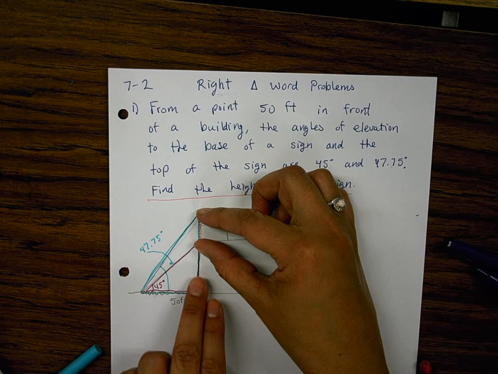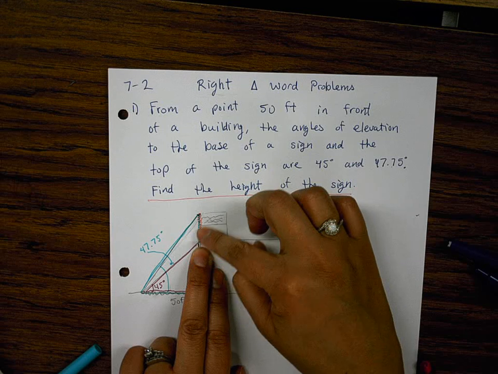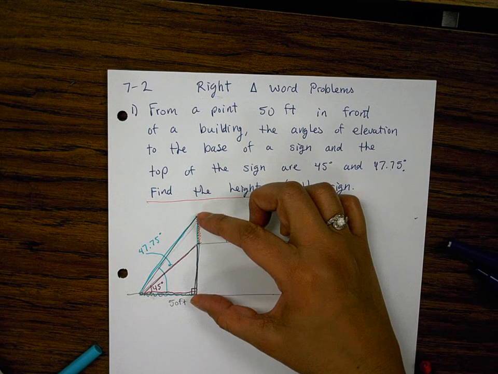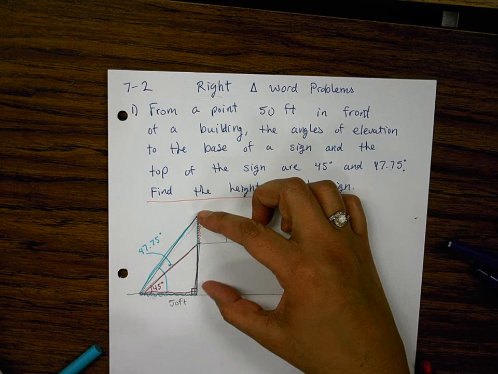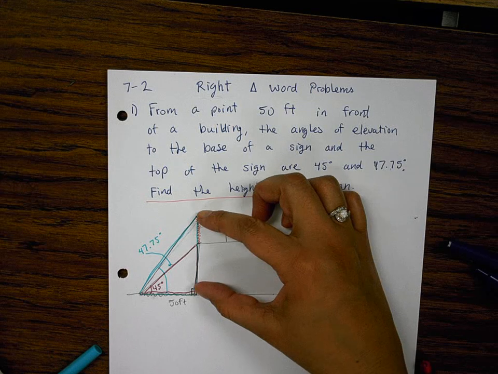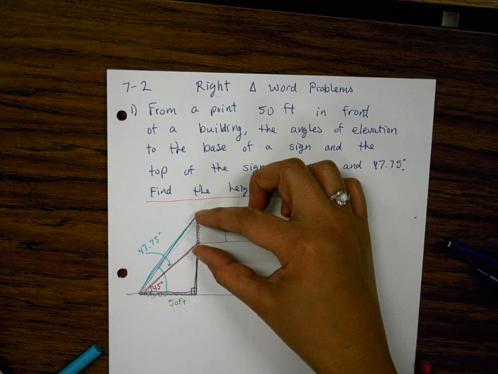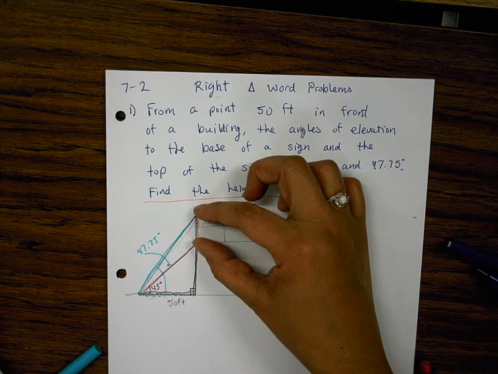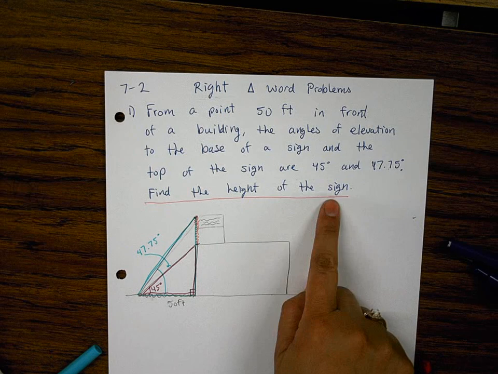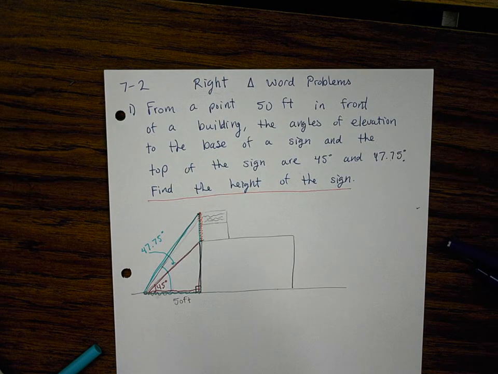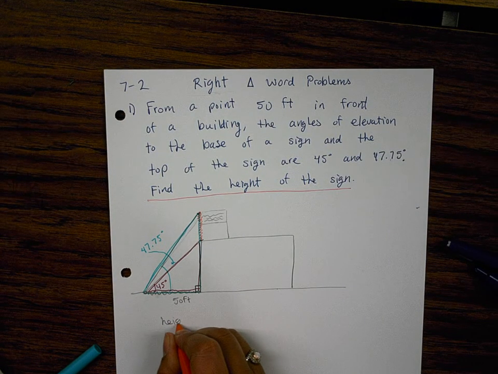And then we're going to do the height of the big triangle minus the height of the small triangle, and that would leave us with the height of the sign. Do you see that? Height of the big triangle, take away this purple line here, the height of the small triangle, will leave me with the height of the sign, which is what I'm looking for.